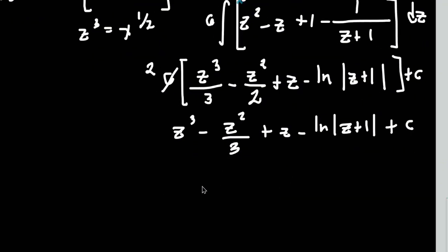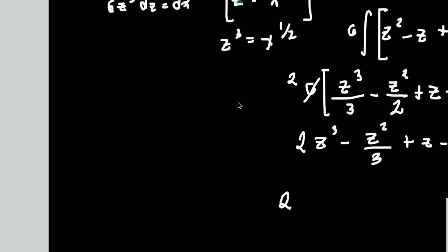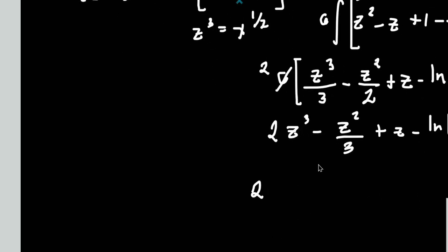Now, simplifying this further, since there is a 2 here, I forgot. So we do have 3. So 2, what is our z? 6.